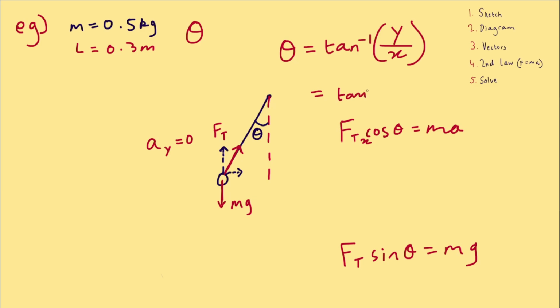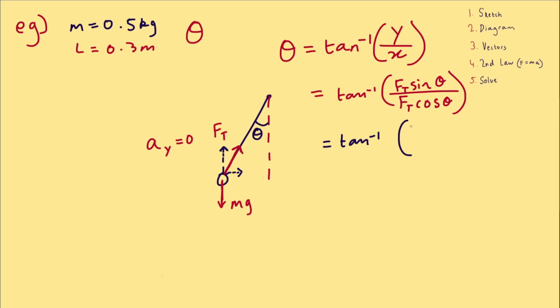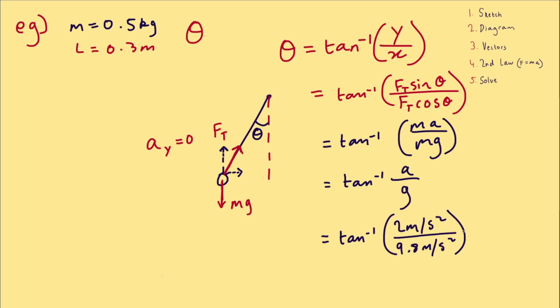So tan inverse of Ft sine divided by Ft cosine. From here we can substitute Ma for cosine and mg for sine, and it comes out to be roughly 11.53 degrees. So when your drone flies forward and accelerates, your camera will swing back this far, 11 degrees.